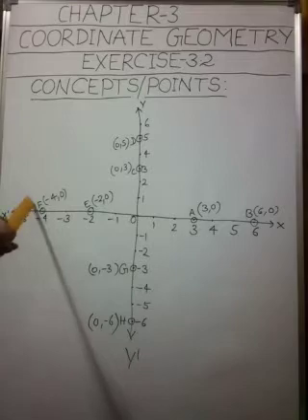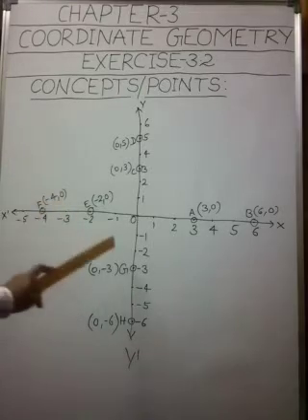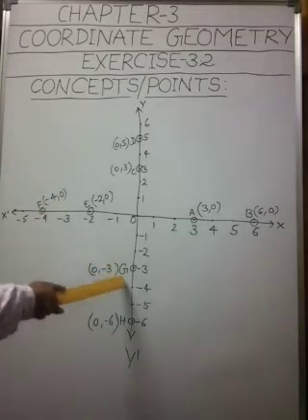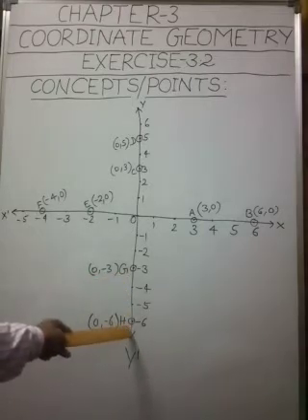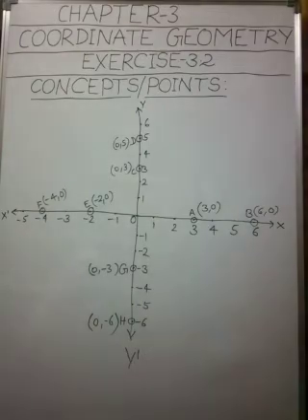Point F lies on the negative x-axis. Point G lies on the negative y-axis, and point H lies on the negative y-axis. All these are lying on the coordinate axes.